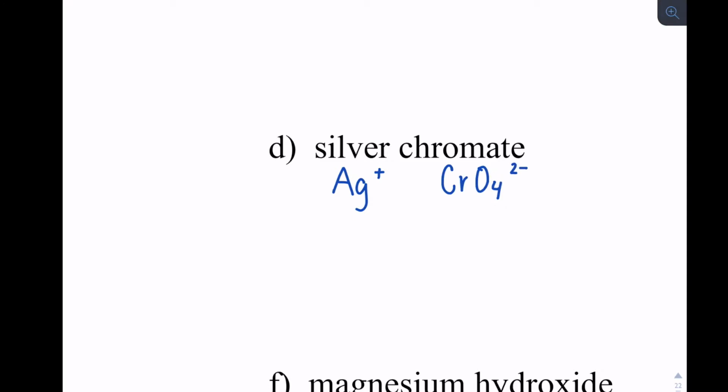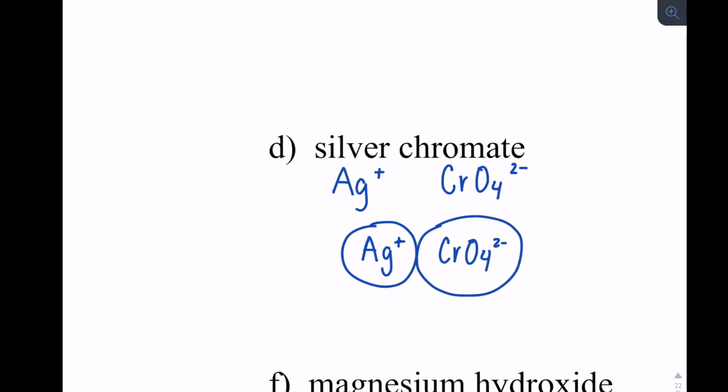Now we need to combine them together to make a neutral salt. We'll start with a 1-to-1 ratio. If we leave this as is, we'll have an extra minus charge. This one has a 2-, this one has a +1. When we combine those together, we have an extra minus charge, meaning we need one more positive charge to balance that out.